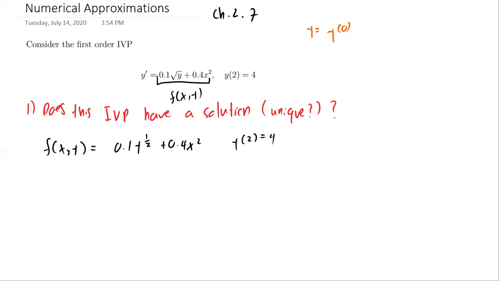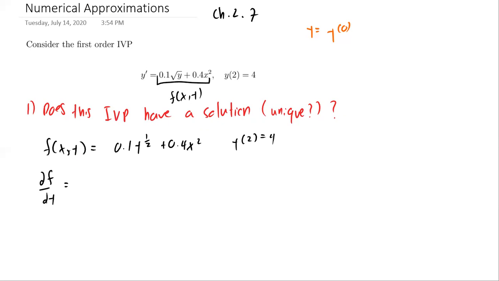If you remember what we did in section 2.4, we need to work with f and the partial derivative of f with respect to y. So let's find that first. Remember, the way you do this is you take the derivative as you would with respect to y, treating any x as a constant.